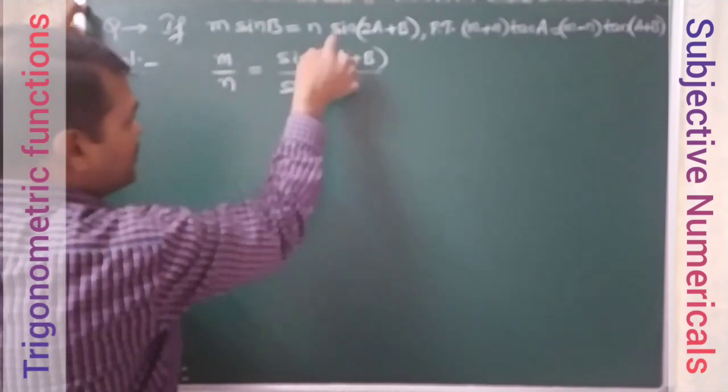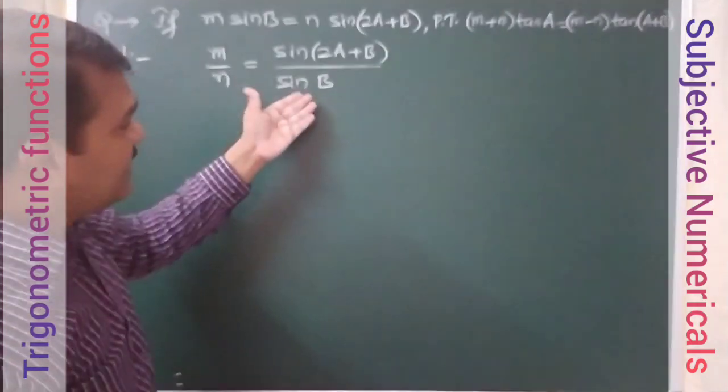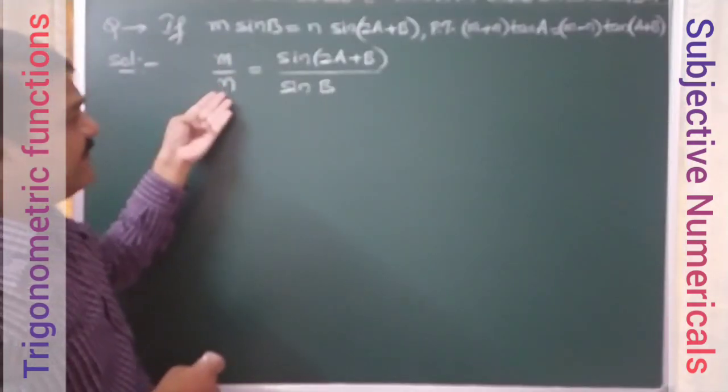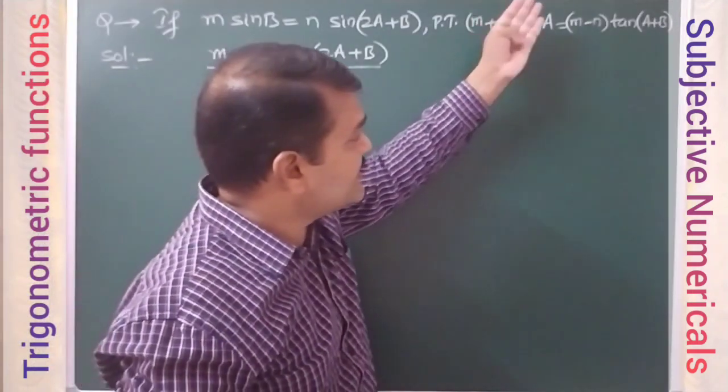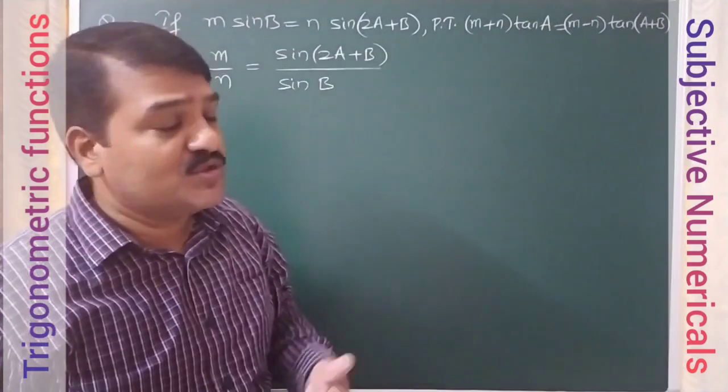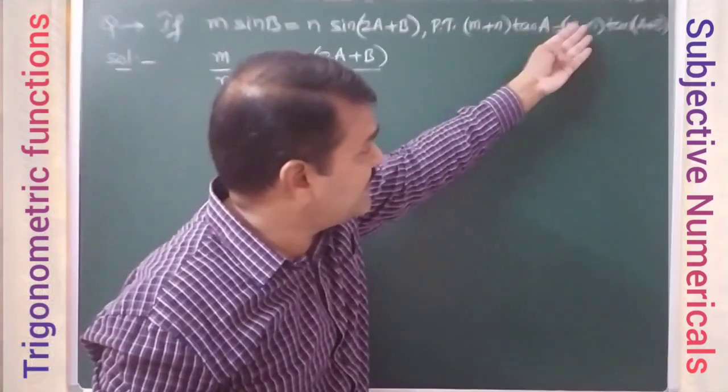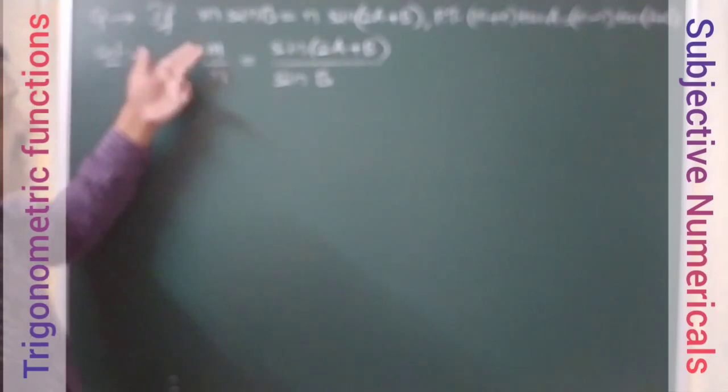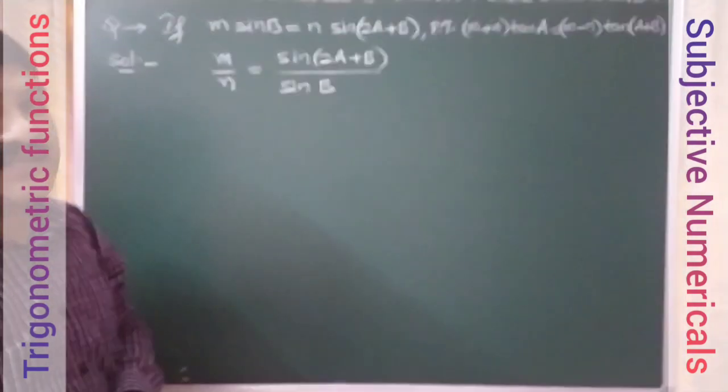So the given equation you can write like this. And clearly if you use componendo dividendo, you can get this m plus n, m minus n. So in the proof we have clearly m plus n, m minus n. By using componendo dividendo, we get that clearly.